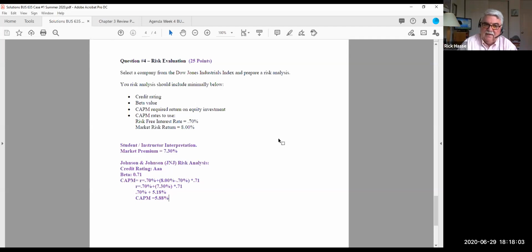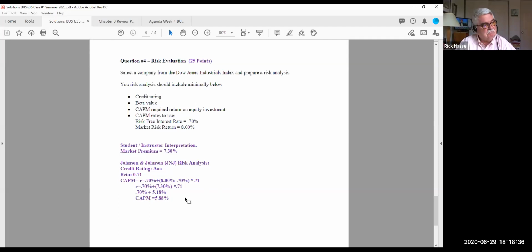That's based on what I can get in the risk-free market, 0.7%, not very good, or in the average return market, which is a beta of 1, 8%. So since the risk of Johnson & Johnson is a little bit less than the market return of beta of 1, that means I'm going to generate less of a return for my investors because it's not as risky. So I'm only going to get a return of 5.88.